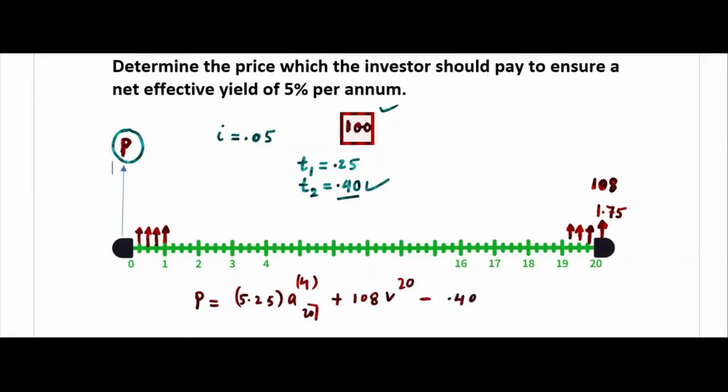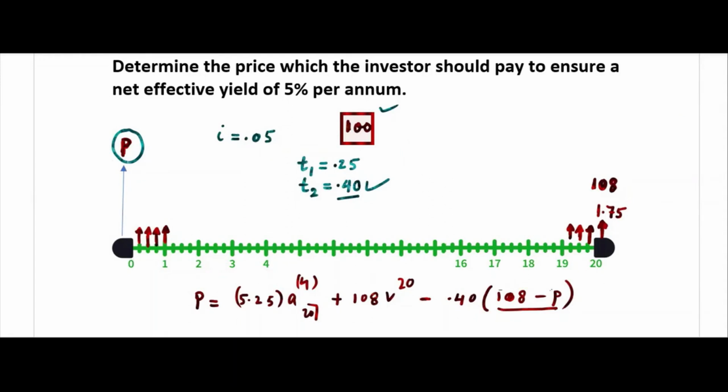That is 40% of the capital gain, 108 minus P. Now, how can you know whether there is a capital gain or not? That is the question. Because you don't know whether this is positive or not. You have no idea whether P is greater than 108 or less than 108. You don't know, because P is what you want to find. You don't have the value of P.